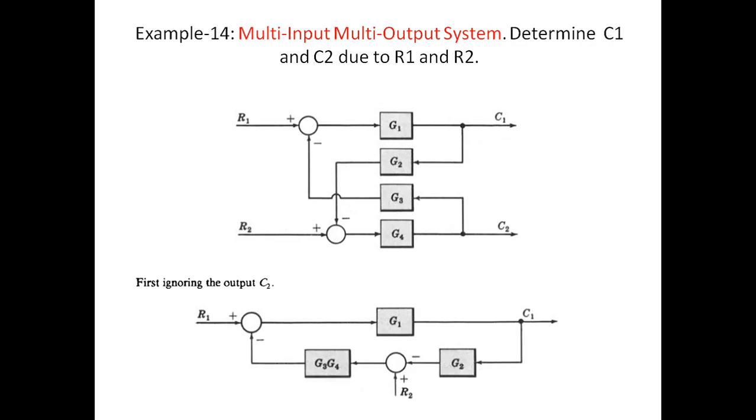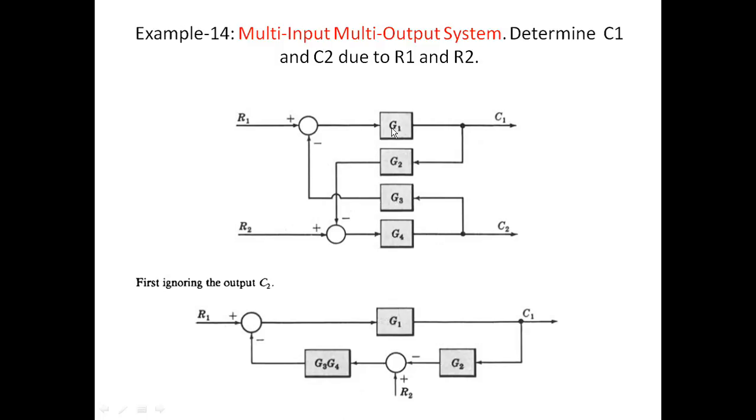Now the next sum is a very popular sum. Here the question is to determine C1, C2 due to R1 and R2. First step is we have to ignore output C2. So we calculate C1 initially, then we will calculate C2 by ignoring C1. By neglecting C2 we get a block diagram like this.